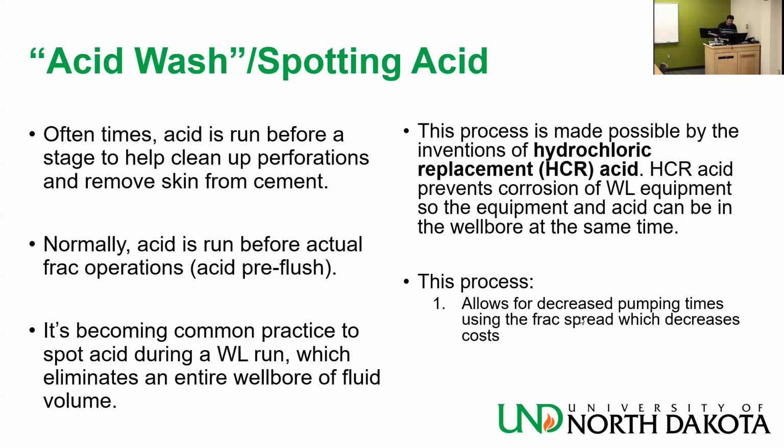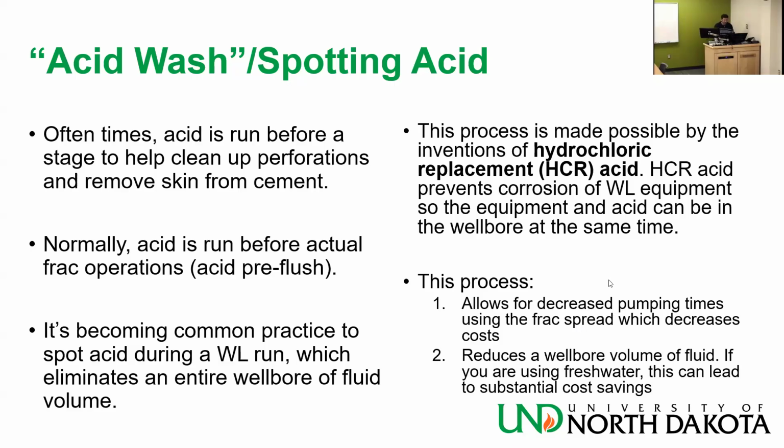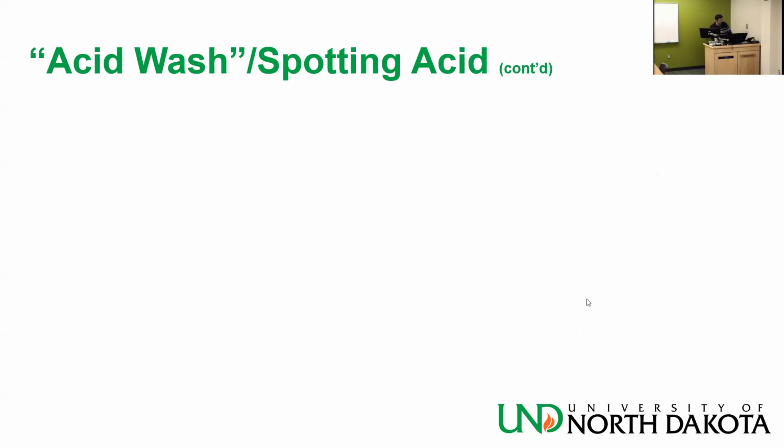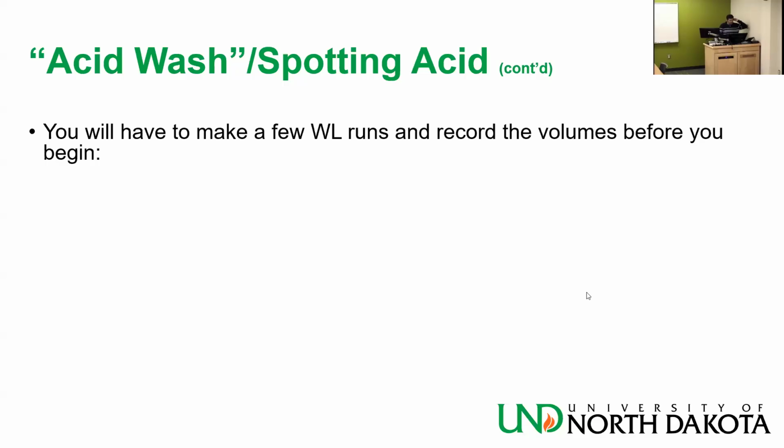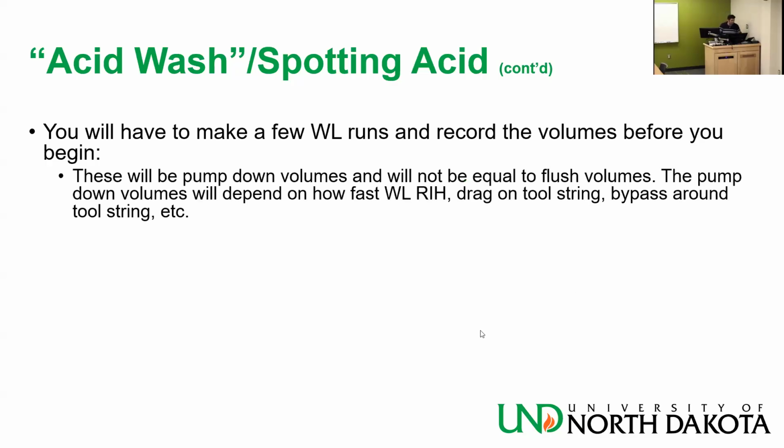This process allows for decreased pumping rates using the frac spread, which decreases cost and reduces the wellbore volume of fluid. If you are using fresh water, this can lead to substantial cost savings. You will have to make a few wireline runs and record the volumes before you begin, just like in the homework.